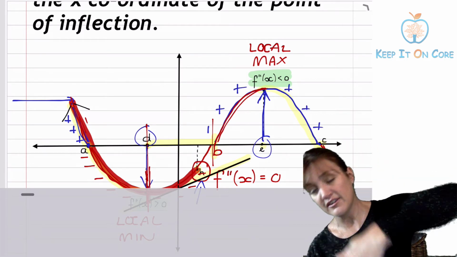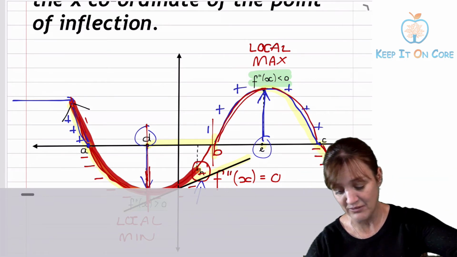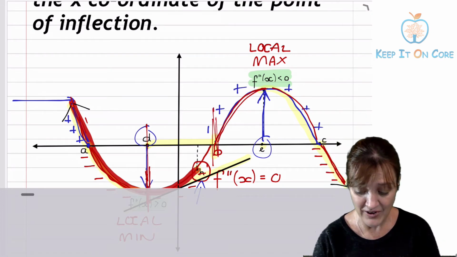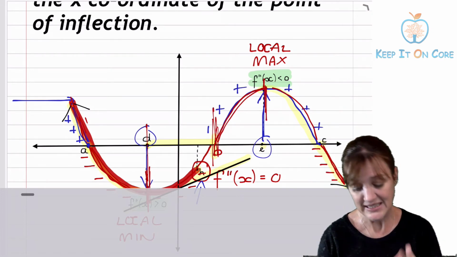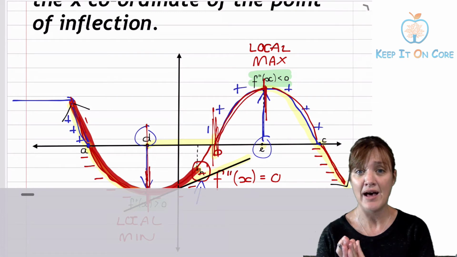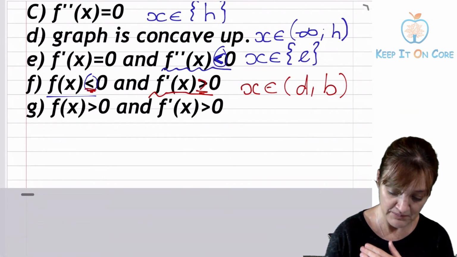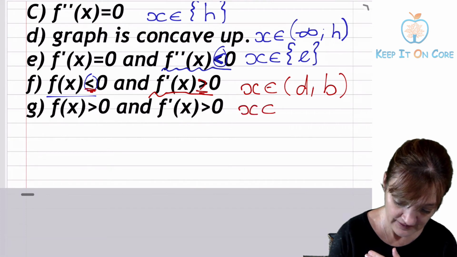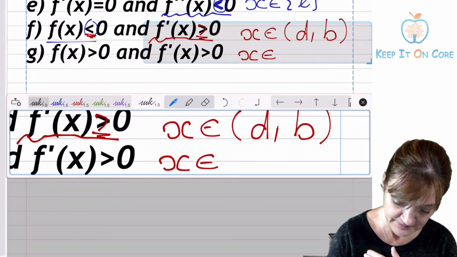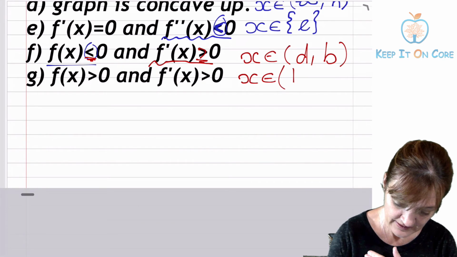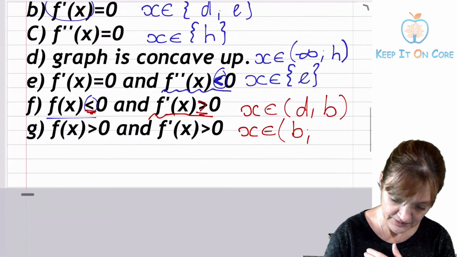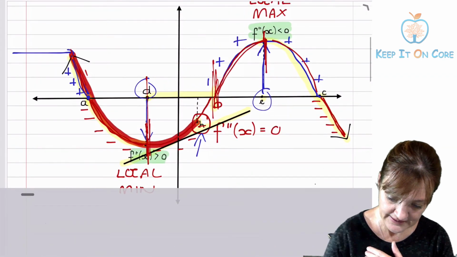And then as it turns over onto the other side, the gradient would be negative again. So it's only between point B and point E that I'm going to have positive y values and a positive gradient to the tangent. Let me just make sure I'm correct there: point B and point E, yes.